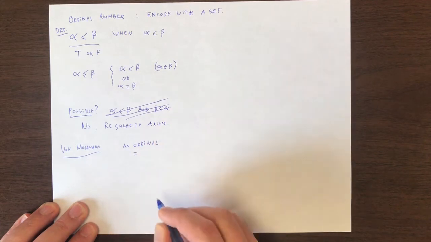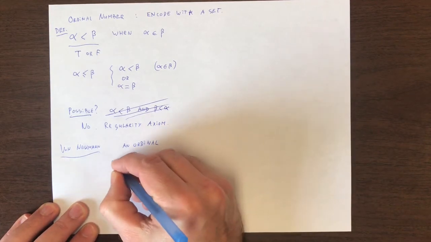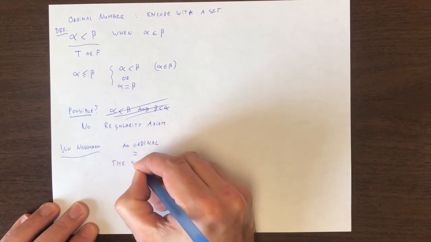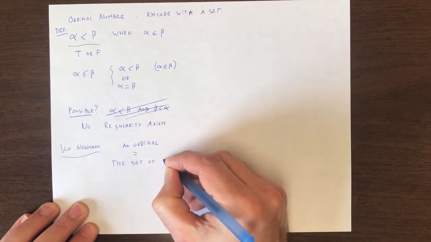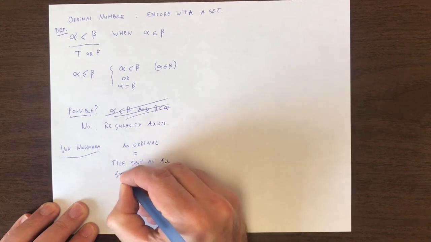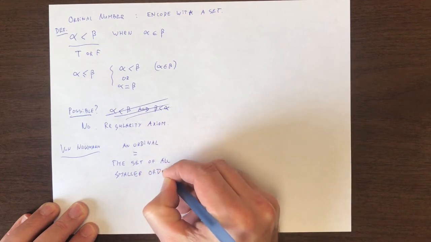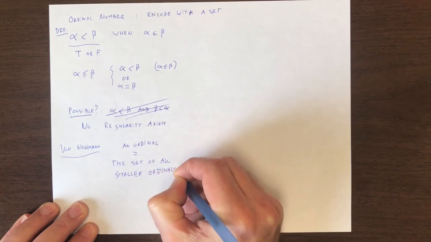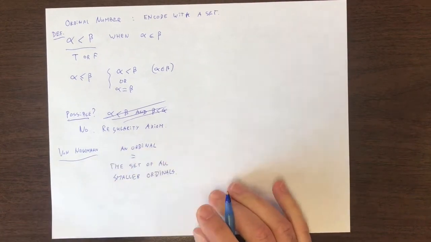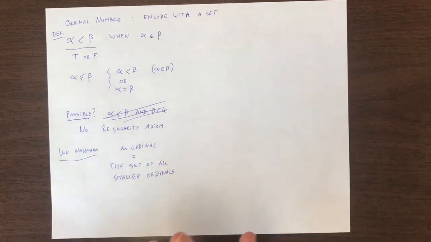So an ordinal is the set of all smaller ordinals. Okay? Now remember, in math there is one thing that is absolutely forbidden, which is a circular definition.